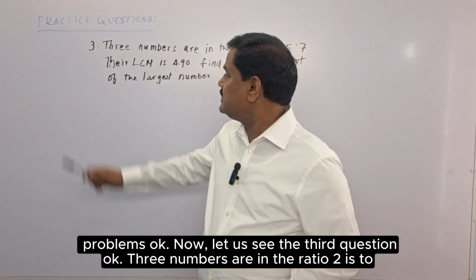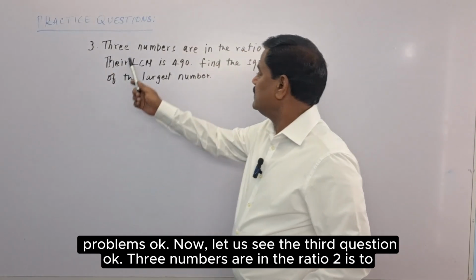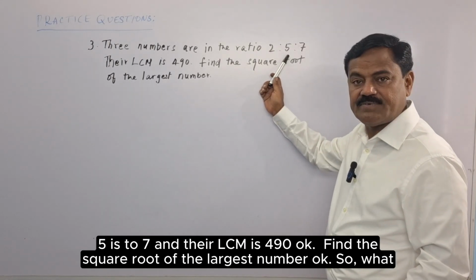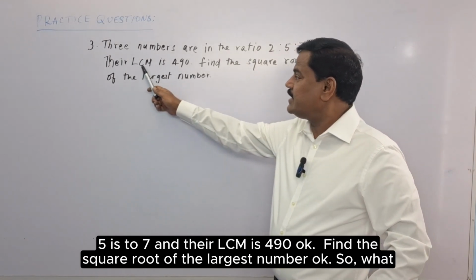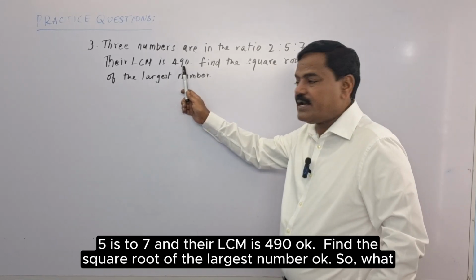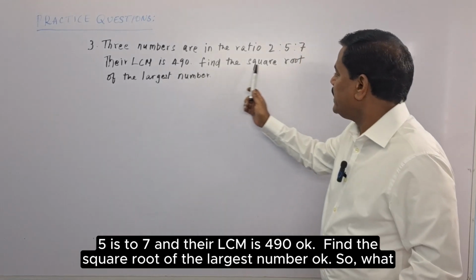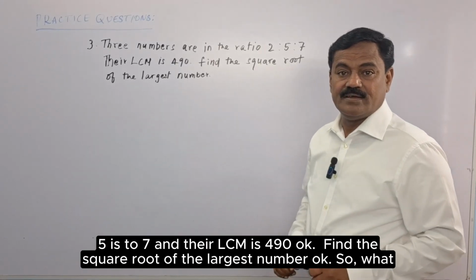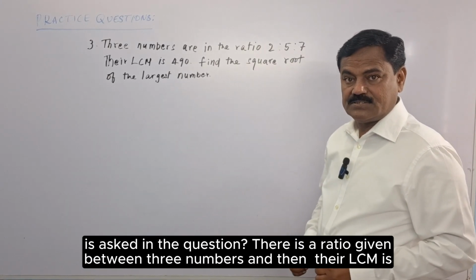Now let us see the third question. 3 numbers are in the ratio 2:5:7 and their LCM is 490. Find the square root of the largest number. So what is asked in the question?